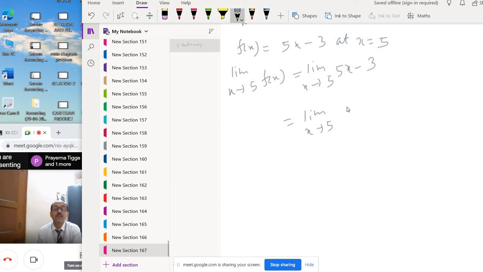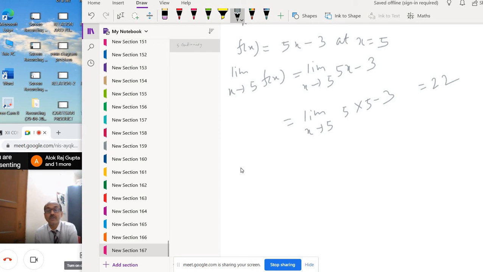So it is 5 into 5 minus 3. Okay. So 25 minus 3, that is 22. So at x equal to 5 it is 22.